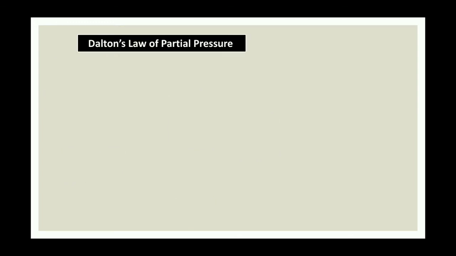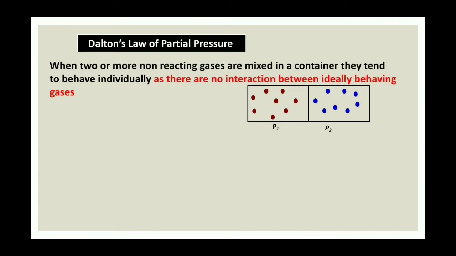We'll be moving to Dalton's law of partial pressure. What is Dalton's law of partial pressure? When two or more non-reacting gases are mixed in a container, they tend to behave individually, as there is no interaction between ideally behaving gases.